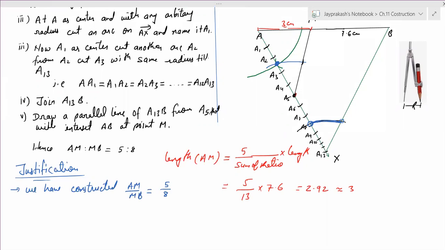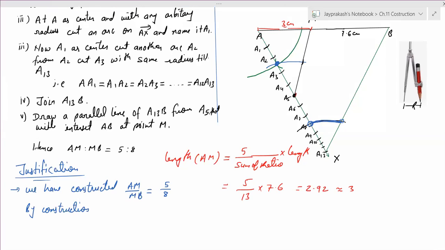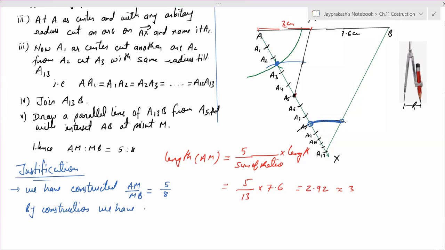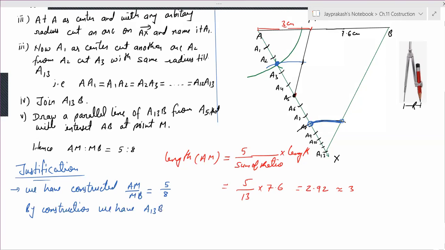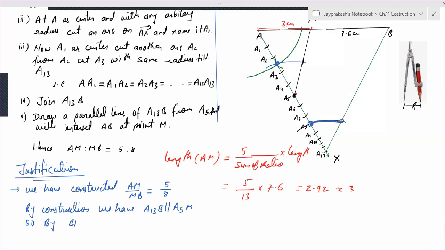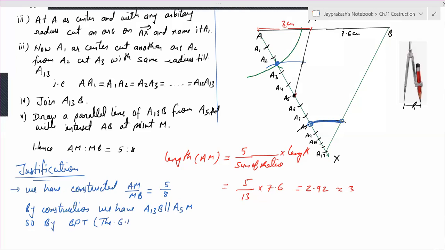So now in the same way we have to prove that by the basic proportionality theorem. So by construction we have A13B that is parallel to A5M. So by BPT, basic proportionality theorem, that is theorem 6.1.